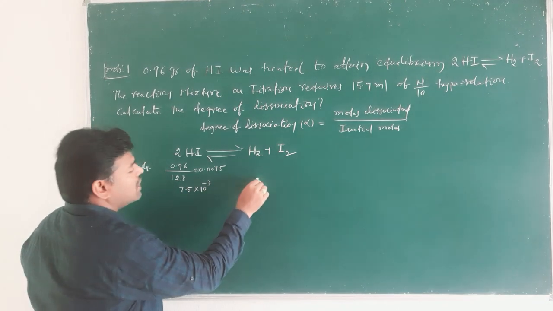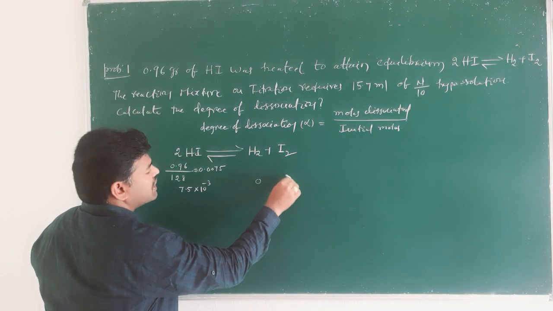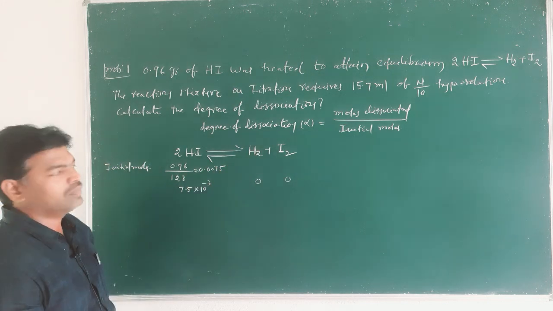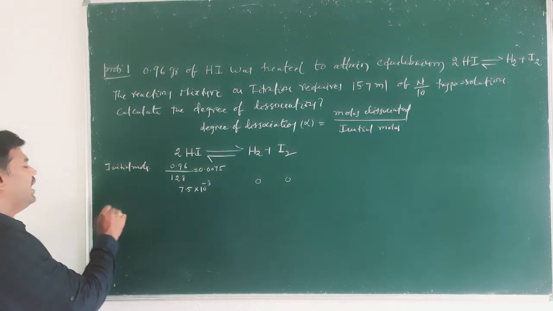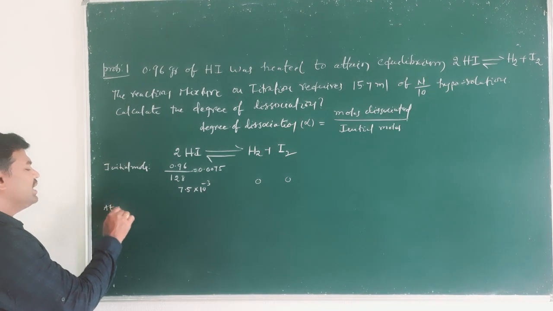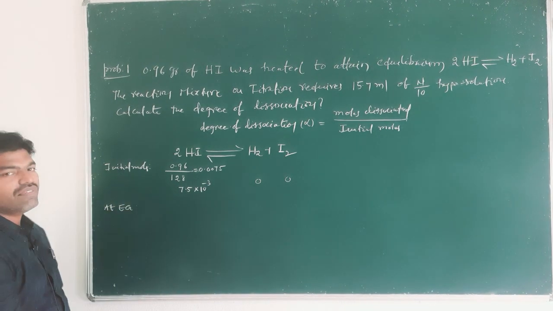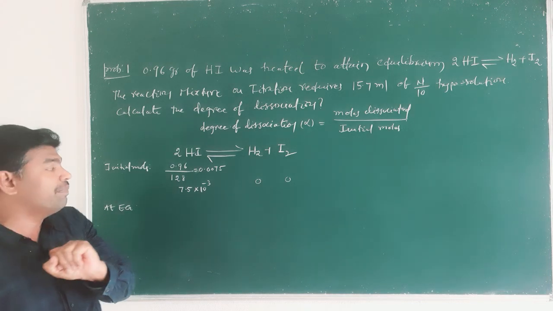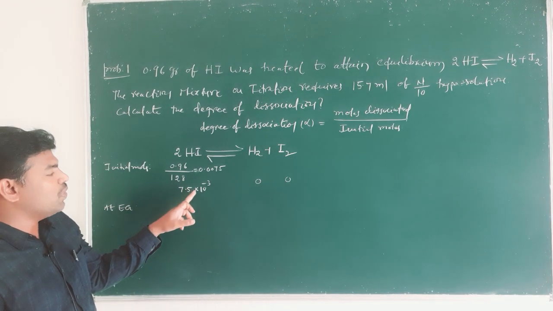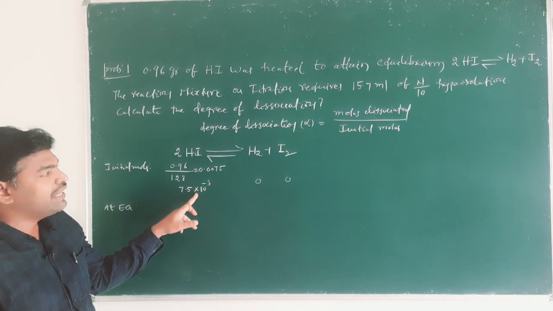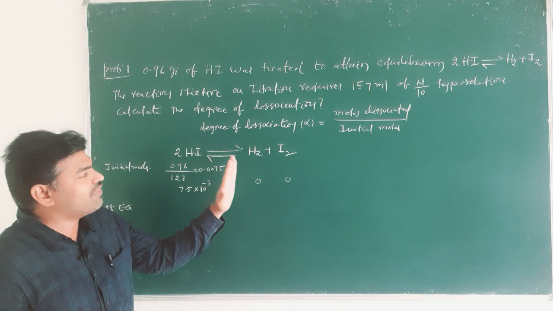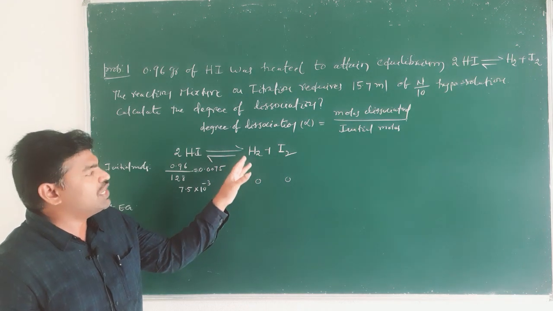At the initial state, the moles of H2 and I2 are 0. But during the establishment of equilibrium, x moles of HI dissociated to form H2 and I2.